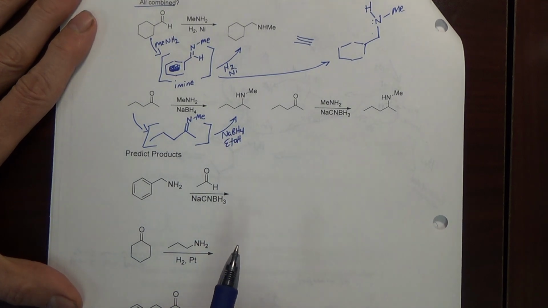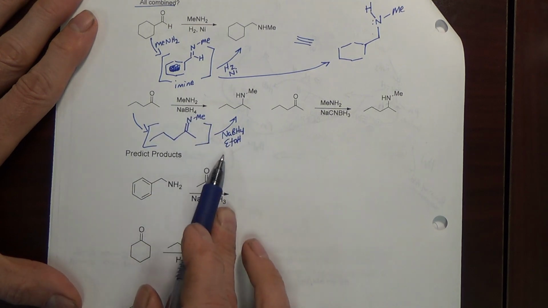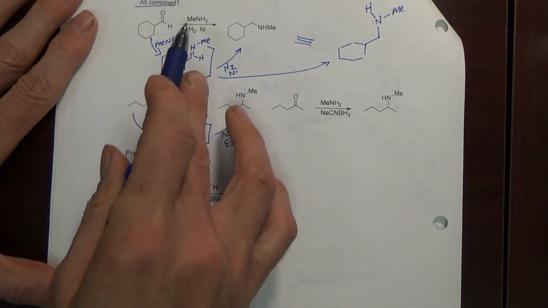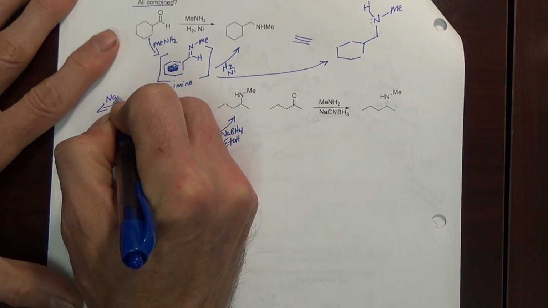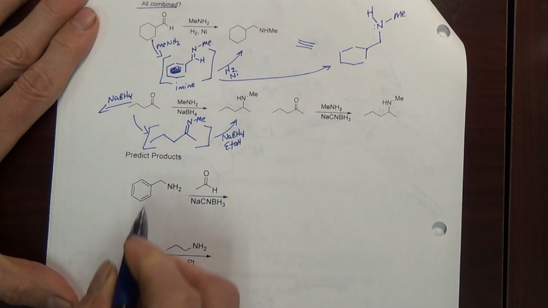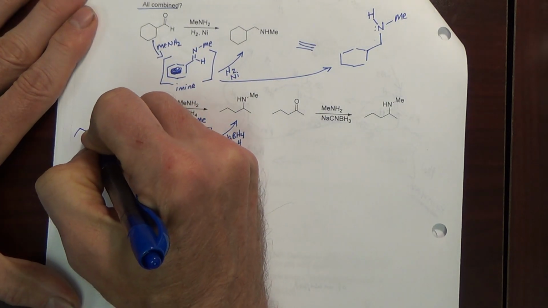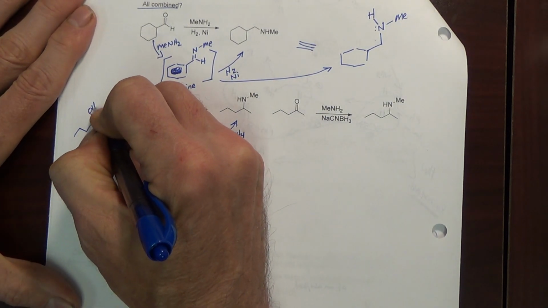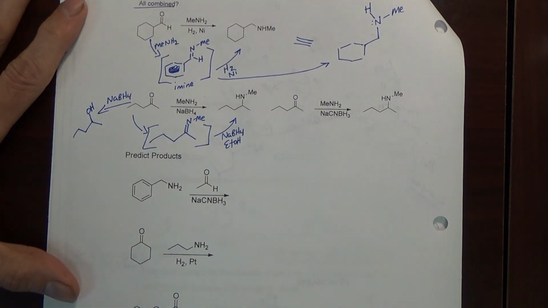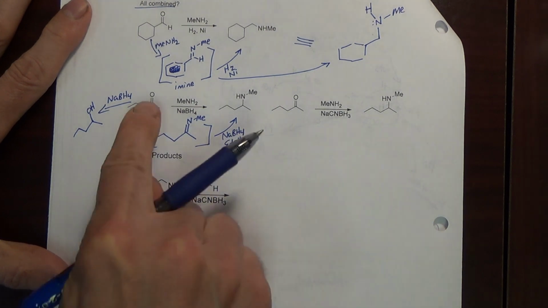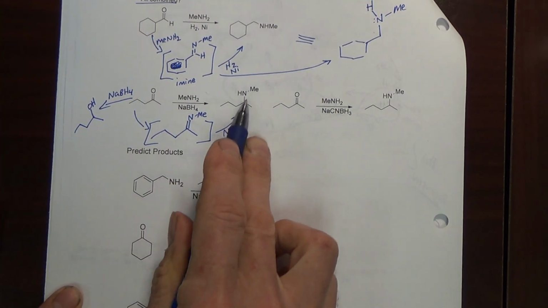The problem is this will not work the same as above because sodium borohydride will reduce the starting ketone. It's not going to wait until you get the imine formed and then reduce only the imine.